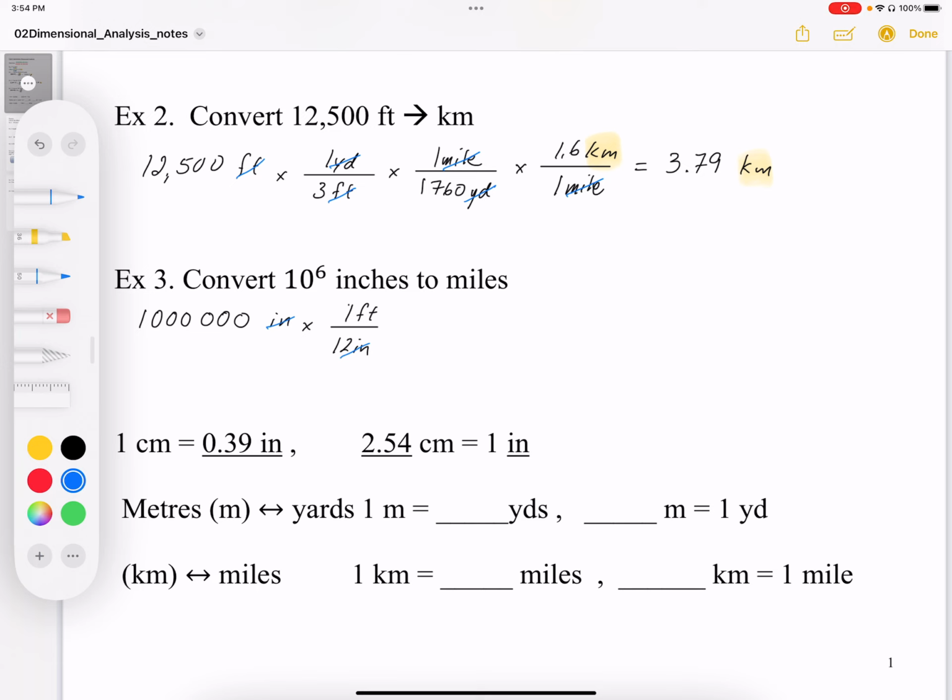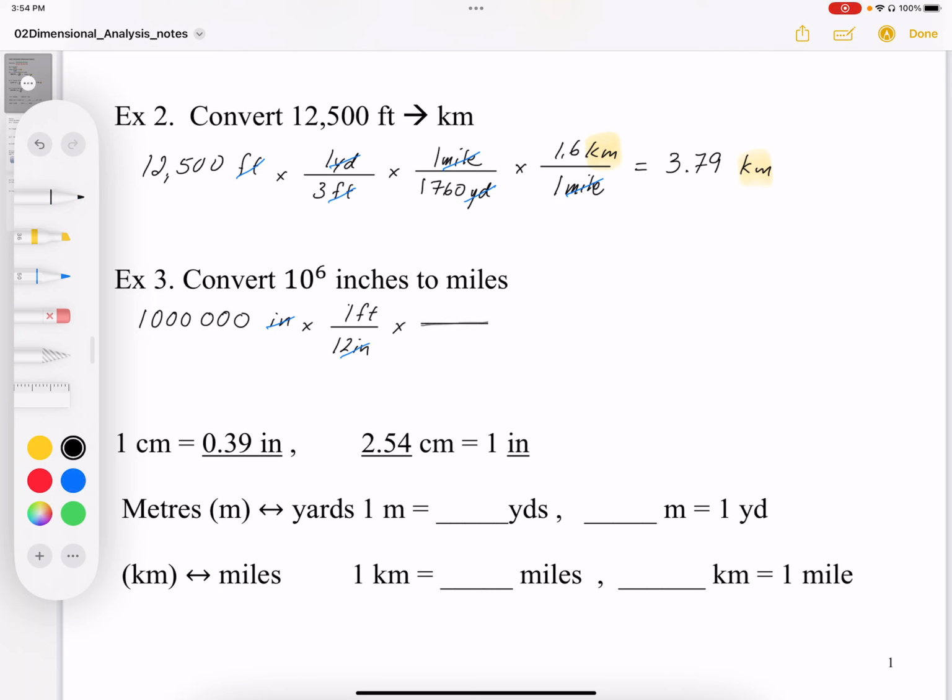And then I'm going to convert the feet into yards. So times 3 feet on the bottom, 1 yard on the top. Again, the feet cancel out.